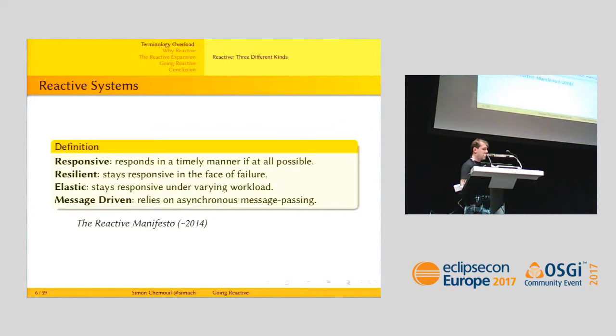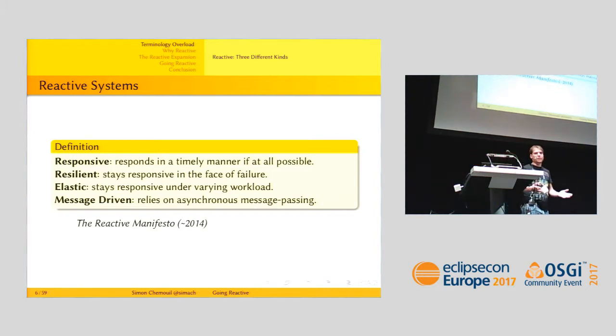Then you have reactive systems that you also may have heard, and they're also something different, but a bit linked. It started with the Reactive Manifesto, which was some kind of PR operation from some guys to say, look, let's do systems better. But if you look at how they define better, no one can disagree. We want the system to respond, to stay resilient and elastic.